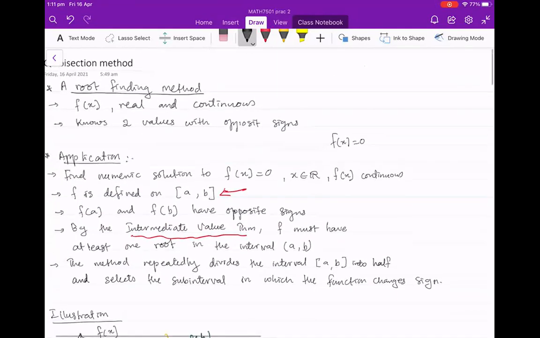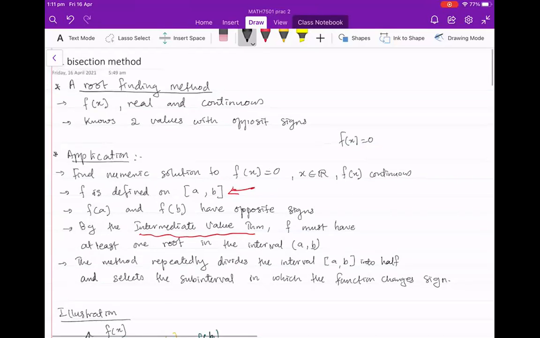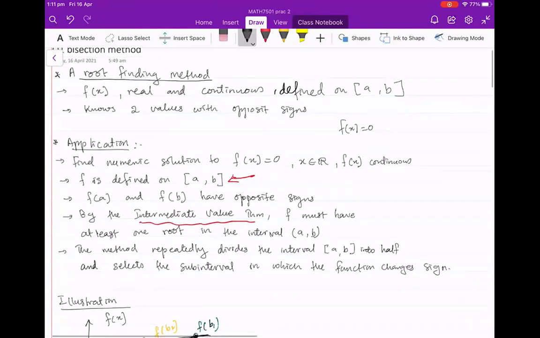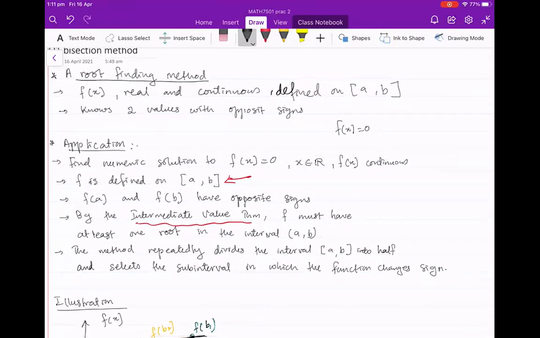The aim of the bisection method, a root-finding method, is this: when f(x) is real, continuous, and defined on an interval, let's say interval [a, b], and we know the two endpoint values have opposite signs, that's the condition. The aim is to find a root, that is, solve f(x) = 0, and get an approximate solution. That's the aim of bisection.